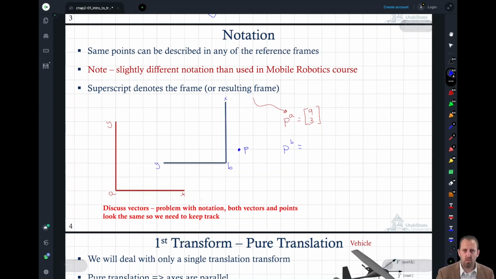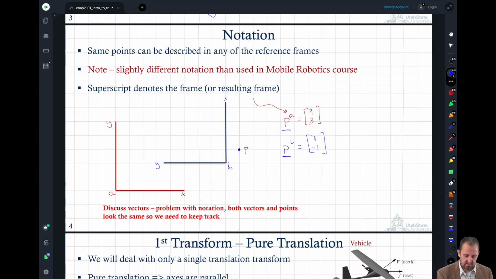In this case, our point, again, hasn't changed locations, but we can change where our coordinate frame is and the direction of our coordinate frame axes. So in this case, we're going to go up 1 in the x direction, and we'll go back 1 in the y direction. So the important thing to note is that these 2 different representations describe the exact same point.